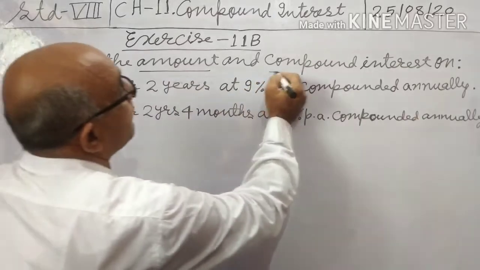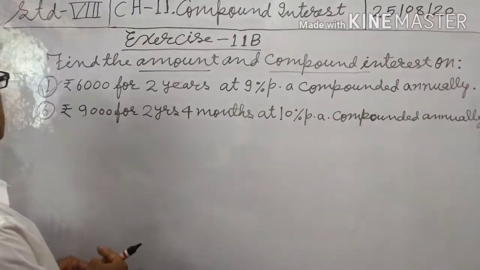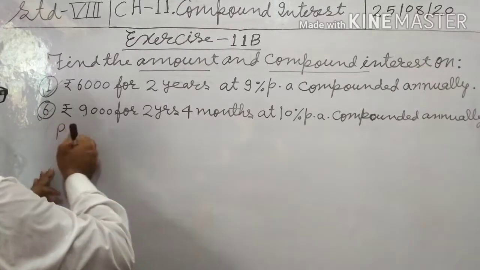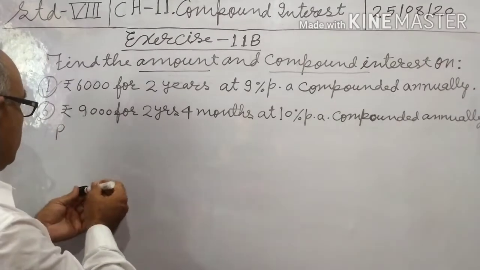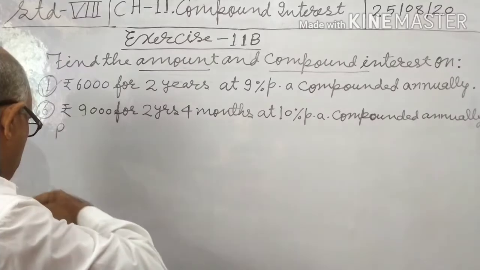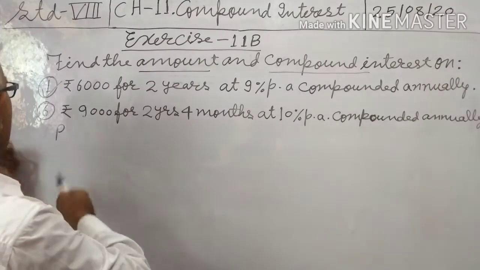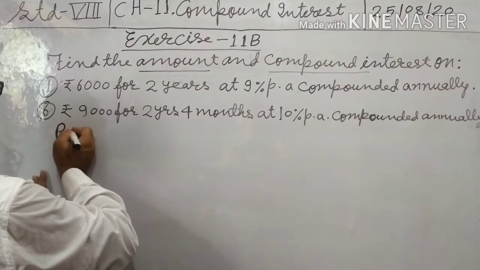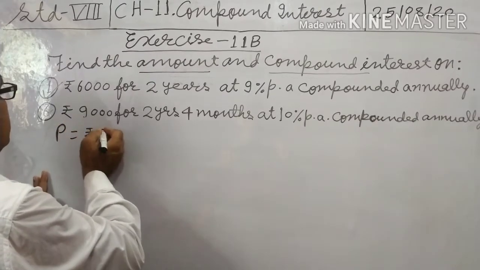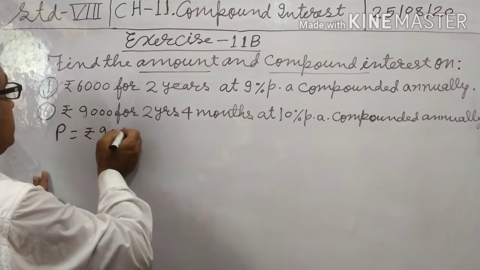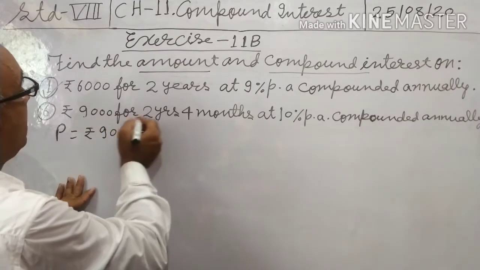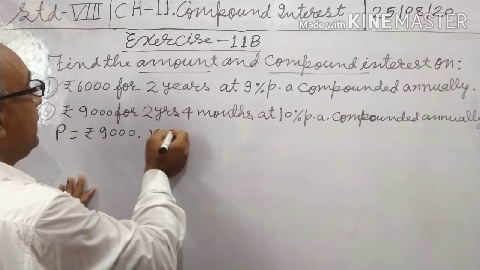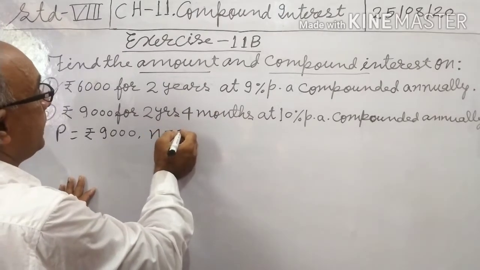Students, next question is question number 6. Find amount and compound interest. Rupees 9,000. So P equal to rupees 9,000 for 2 years, N equal to 2 years 4 months.